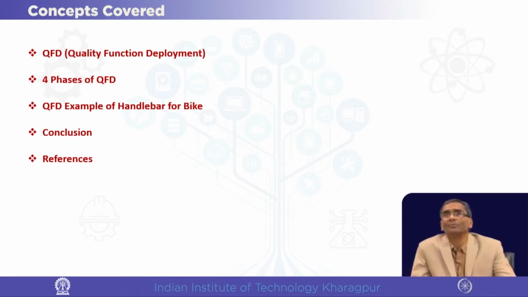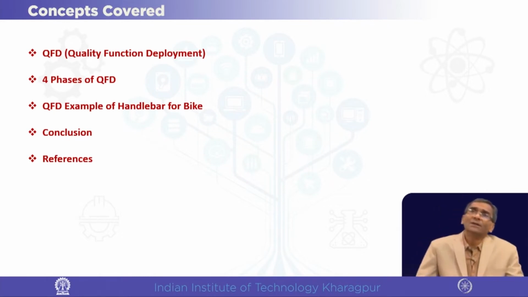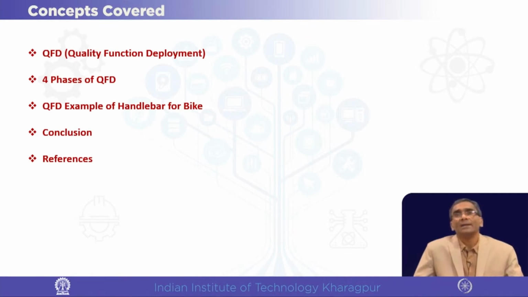I will tell the 4 phases, but these 4 phases actually would cover from the start to end, that is from the voice of the customer, that is from the catchment of the information about the need and requirement or preferences or desires, and that then, through those 4 phases, will be finally translated into the product.